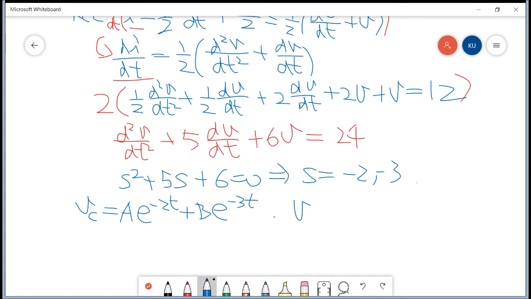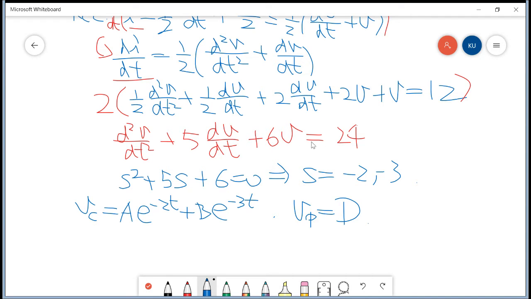And the Vp will be a constant d, because we have a capacitor C, so we do not use C, we use D instead. So Vp, we can just substitute it into here. Second derivative will be 0, first derivative will be 0.